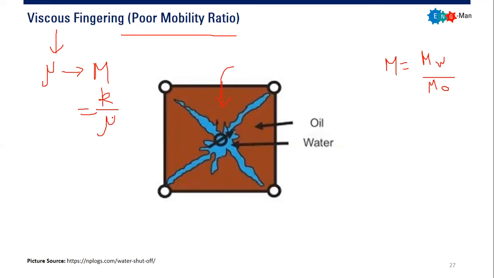But if you're talking about macroscopically, of course, it will not be viscous fingering alone. There will be other factors influencing the fingering shape of the water. Okay, so that's it. This is the first problem that we need to face. It's viscous fingering due to a poor mobility ratio.